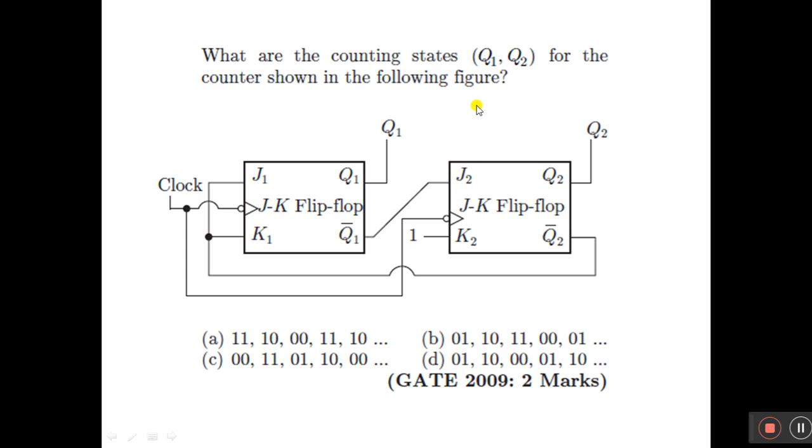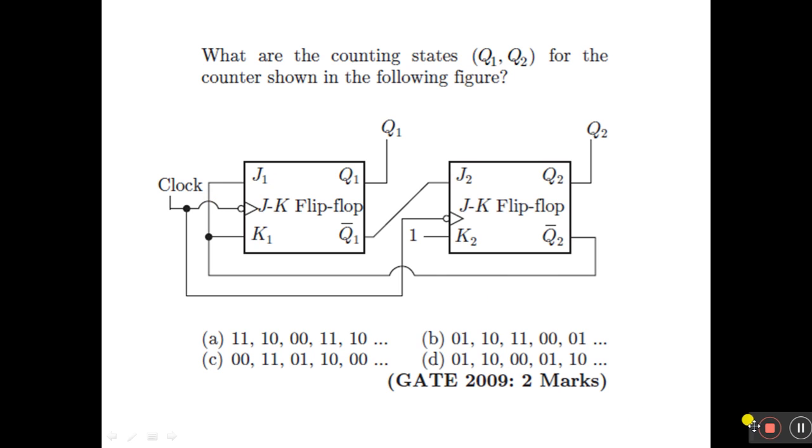They are asking the sequence if I apply continuous clocks. If I apply this synchronous counter, the clock applied simultaneously.